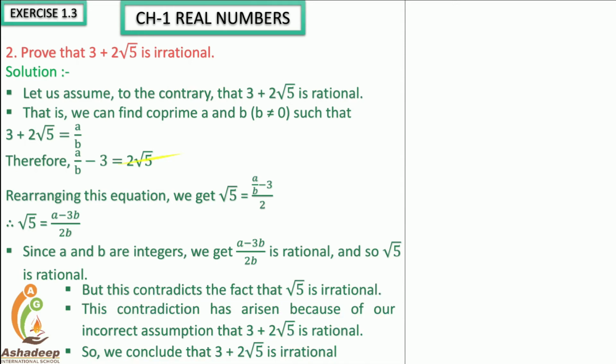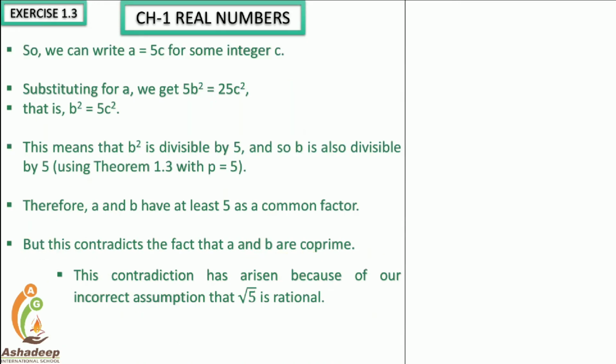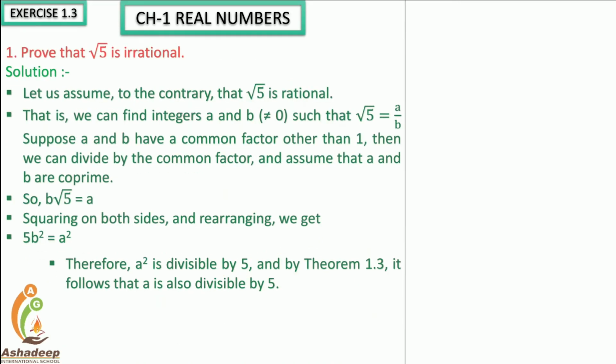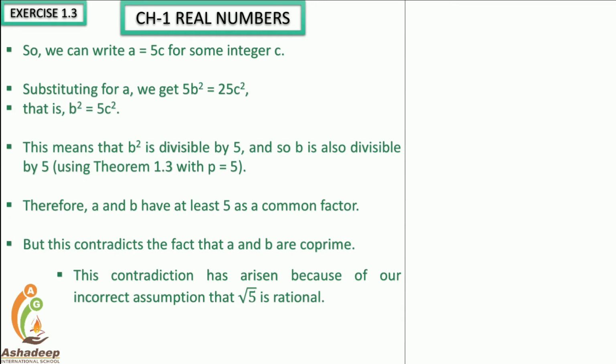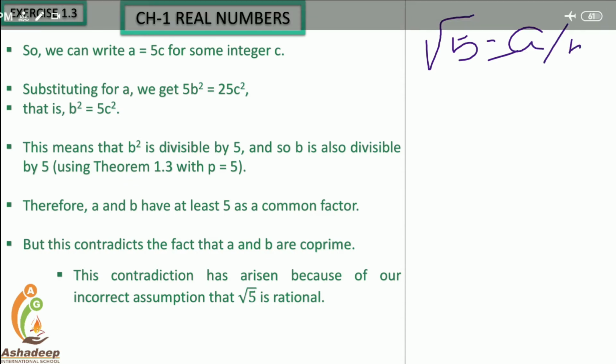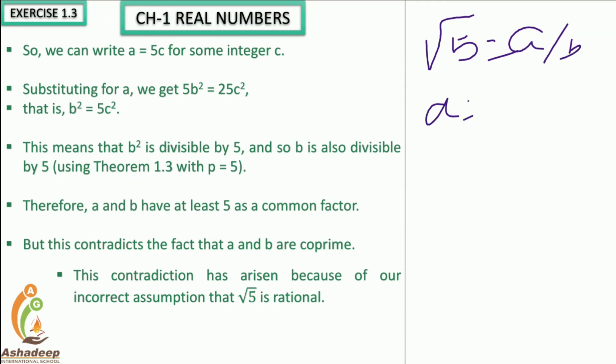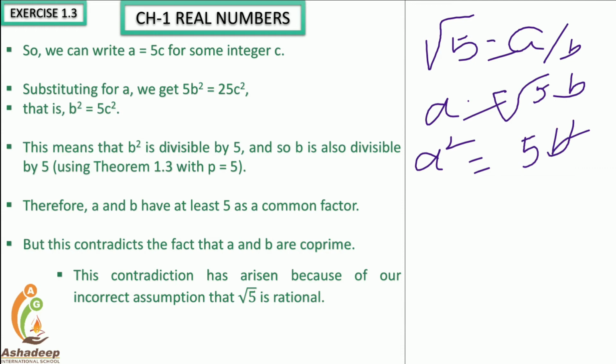So we have these two methods. The first one is the square root of 5. First of all, square root of 5 is equal to a divided by b. Then a is equal to square root of 5b. Then squaring on both sides, a square is equal to 5b square. Now what is the value of a?